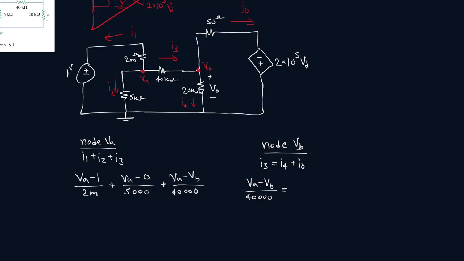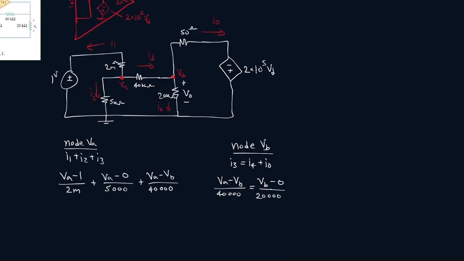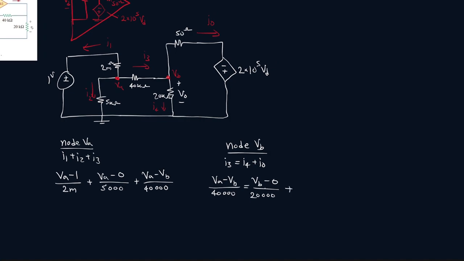This will be equal to I4, which will be VB minus 0 all over 20,000, and then plus IO, which will be VB minus, so the voltage at this region will be minus 2 times 10 to the power of 5 VD, because pay attention to where the sign is pointing at.